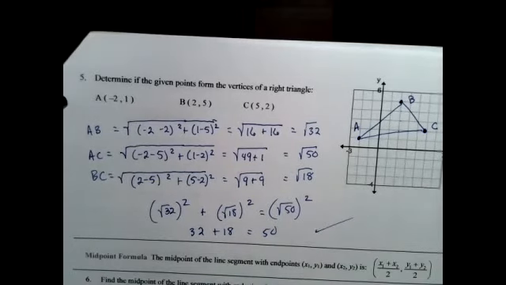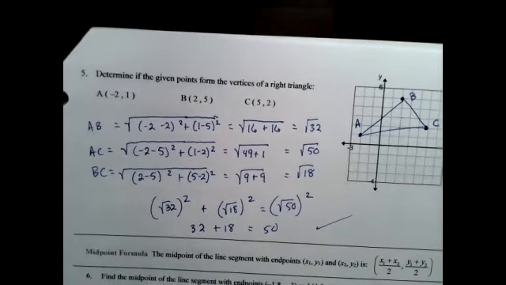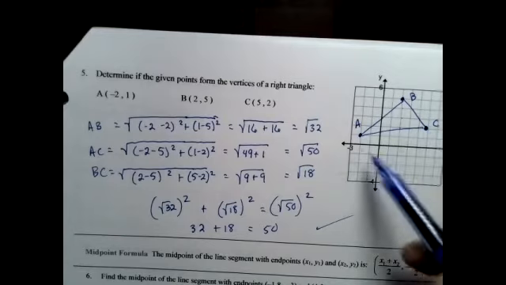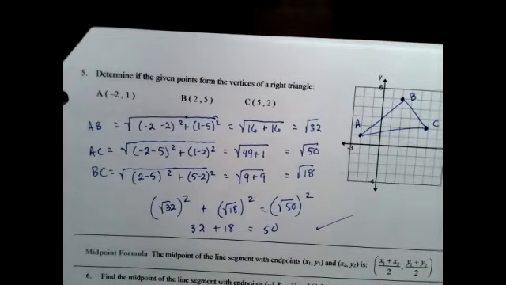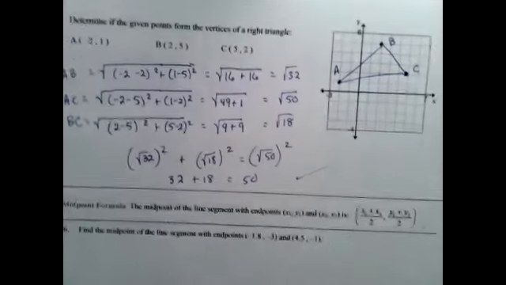Ba-boom. Leg squared plus leg squared equaled hypotenuse squared. Sneaky old man. Cool.